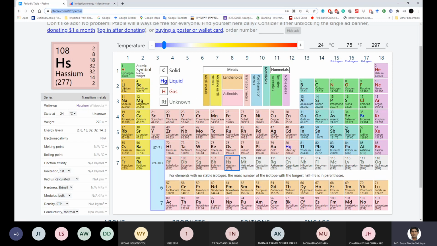If we start from lithium, lithium is 3, that means it has 3 protons, beryllium has 4, boron 5, 6, 7, 8, 9, 10.